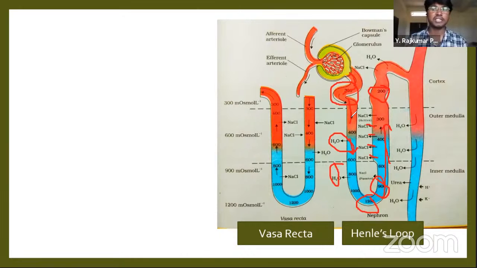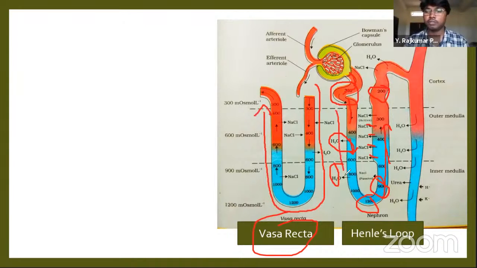So these concentration changes and counter current flow will create counter current mechanism. You can see here the other structure called vasa recta. So here the blood is moving from left to right, here the filtrate is moving from right to left. Okay, so this is opposite in direction.